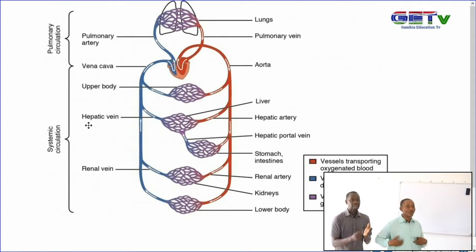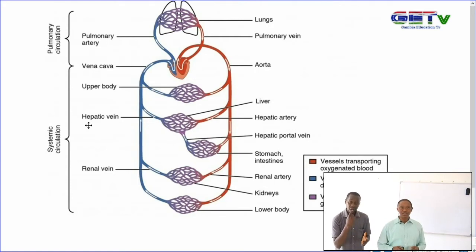We're not saying the whole right side of your body is deoxygenated, but if you look at the heart or the blood vessels coming to the heart, they are coming to the right side of the heart and they carry deoxygenated blood. Those coming to the left side of the heart, they take the blood away, and that is the oxygenated blood.